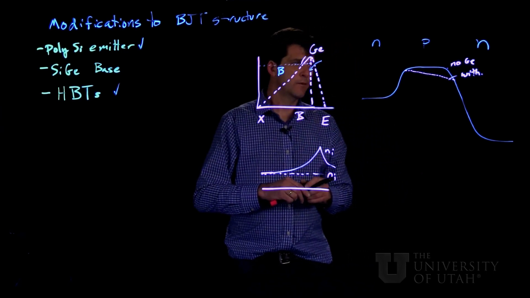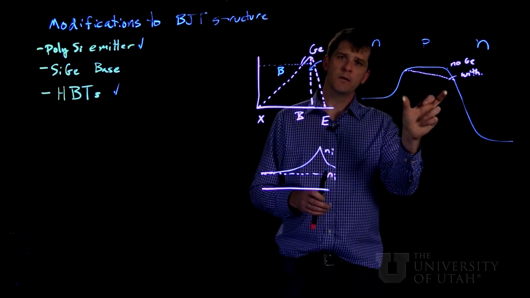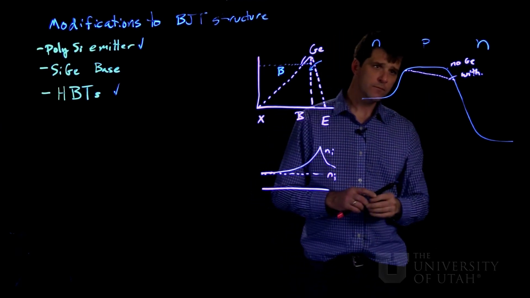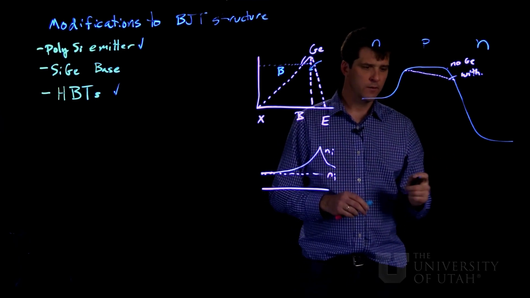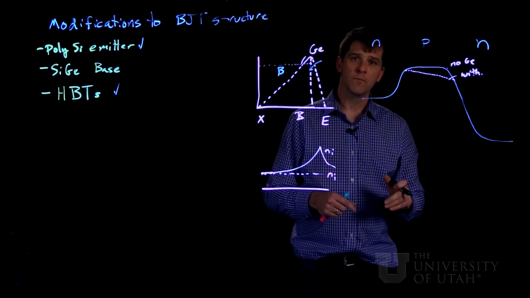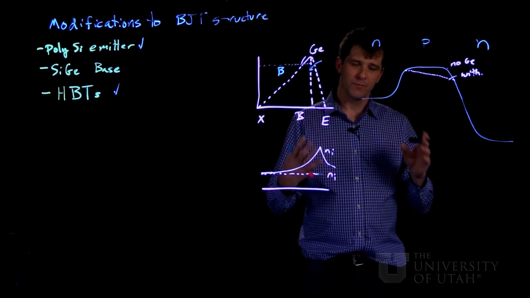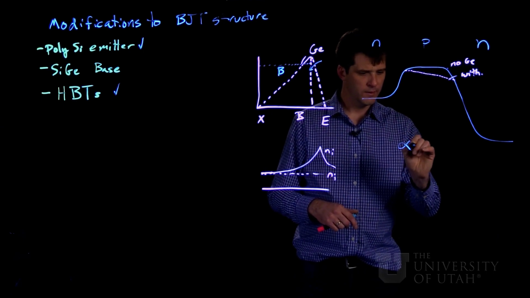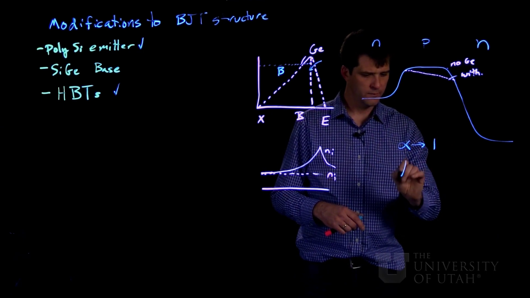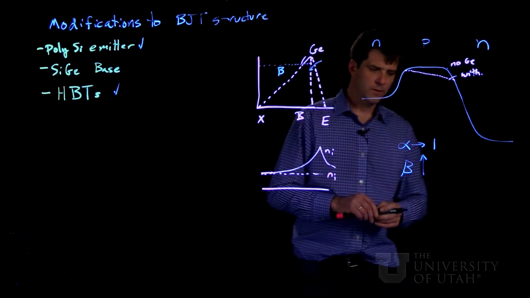On the other hand, the current in the base is going to remain about constant. And those two things put together means that our current gains are going to increase. So again, our alpha goes closer to 1, and our beta is increased.